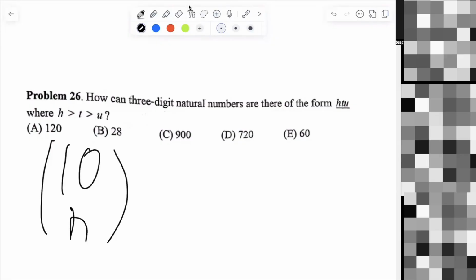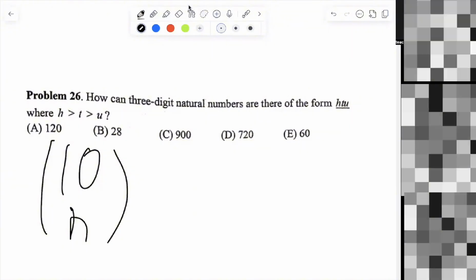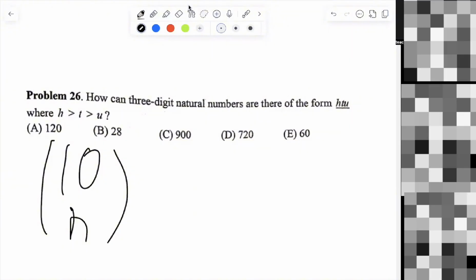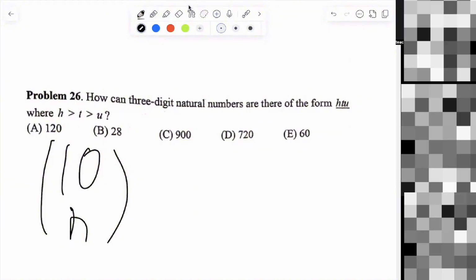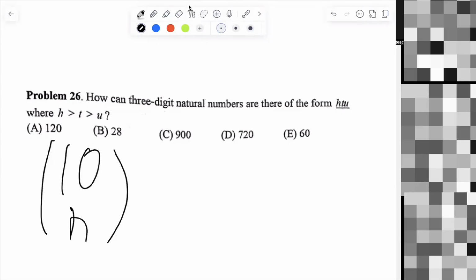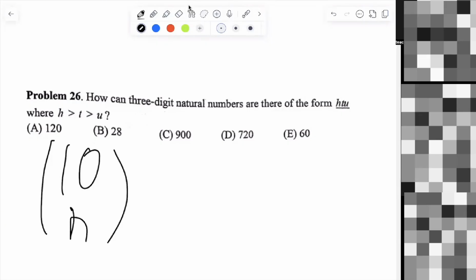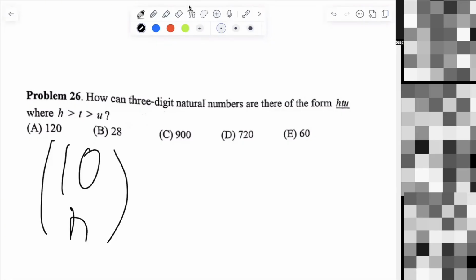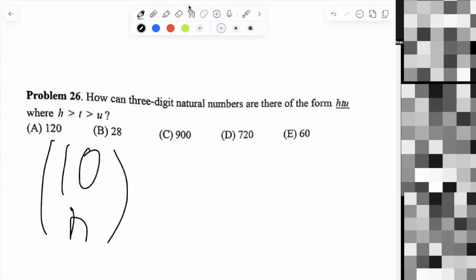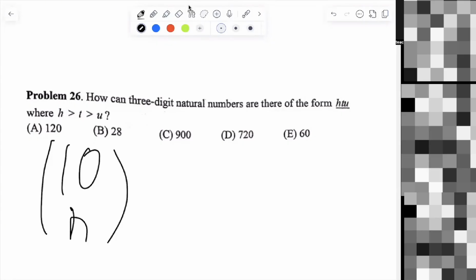If someone asked you how many possible ways there are to write a 2-digit number where the digits are strictly decreasing, the answer is just 10 choose 2.